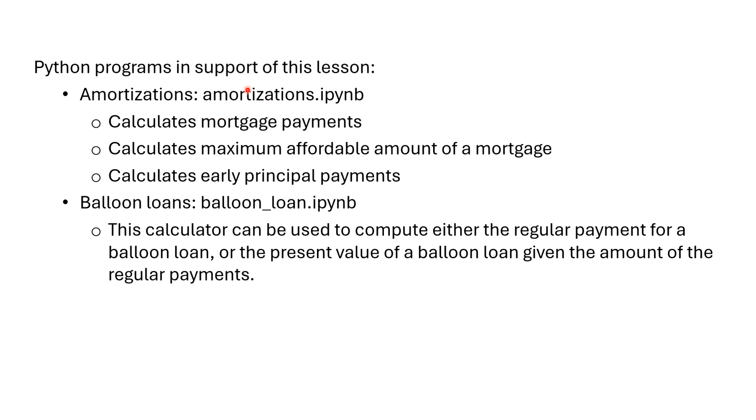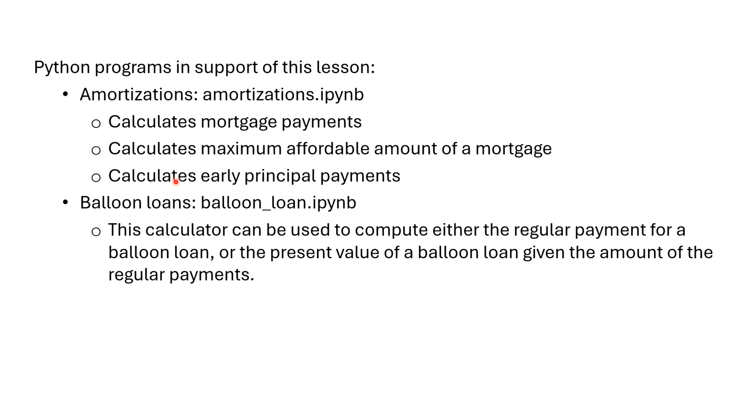And this does three things. It calculates mortgage payments, so whatever the monthly or periodic payment. And then you can also tell it how much you can afford per period, and it'll tell you the maximum amount of loan or car loan or mortgage that you can afford.